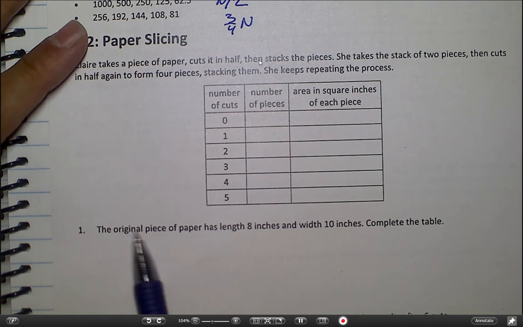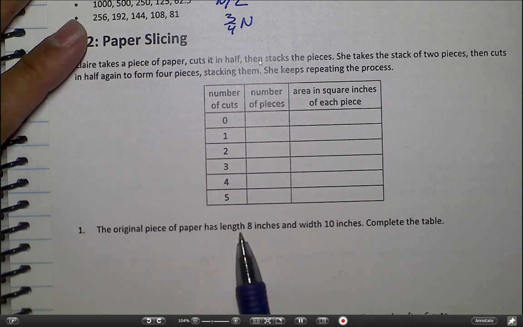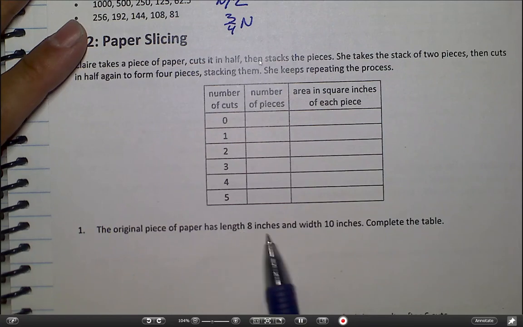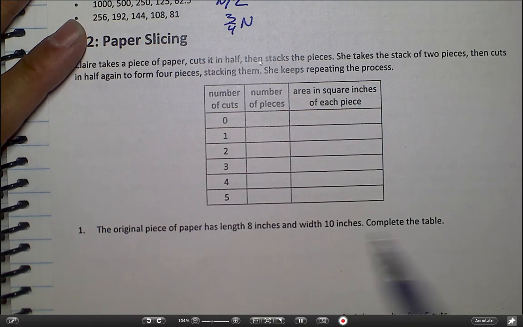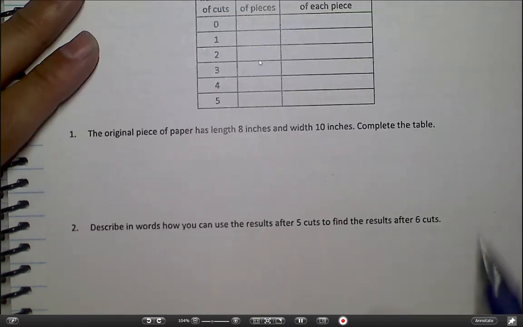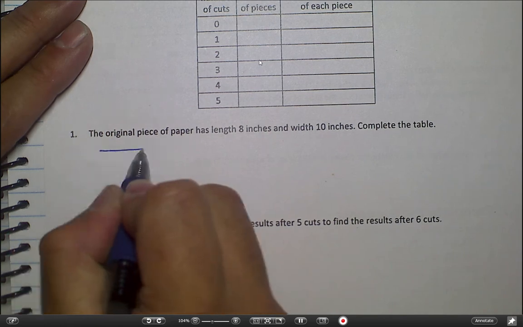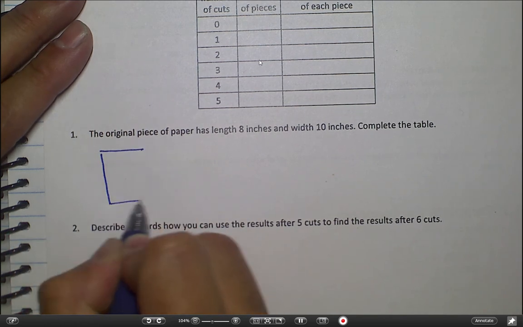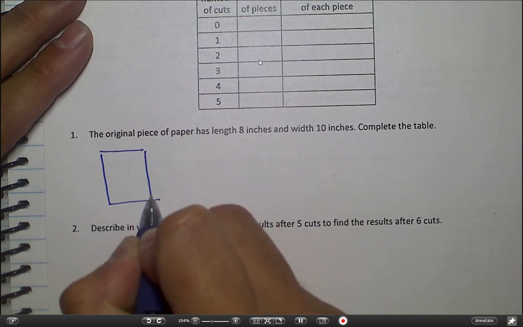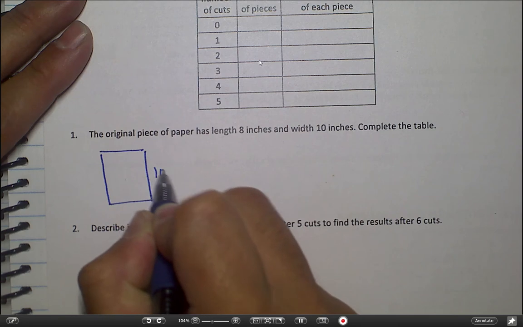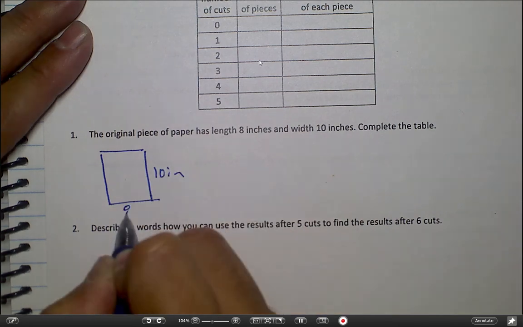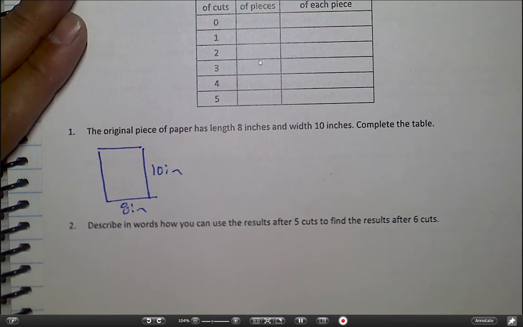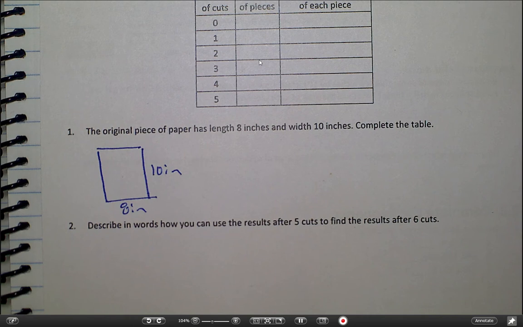So the original piece of paper has a length of 8 and a width of 10. So let's take a look. So I'm going to sketch this right here. This is my paper. It is a horrible drawing. So it's 8 inches by 10 inches.